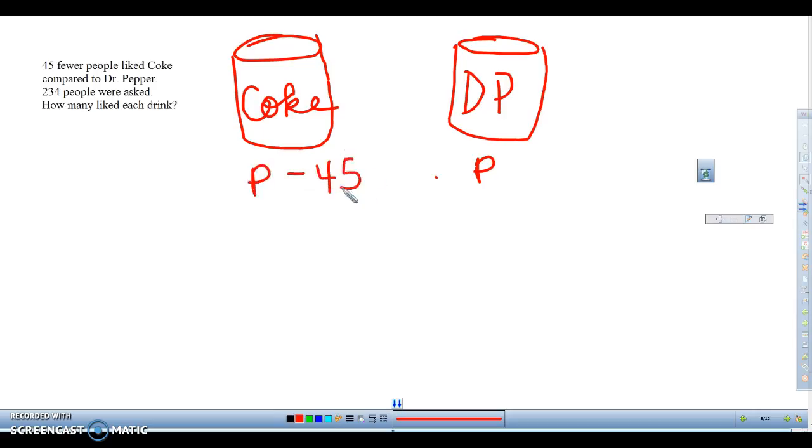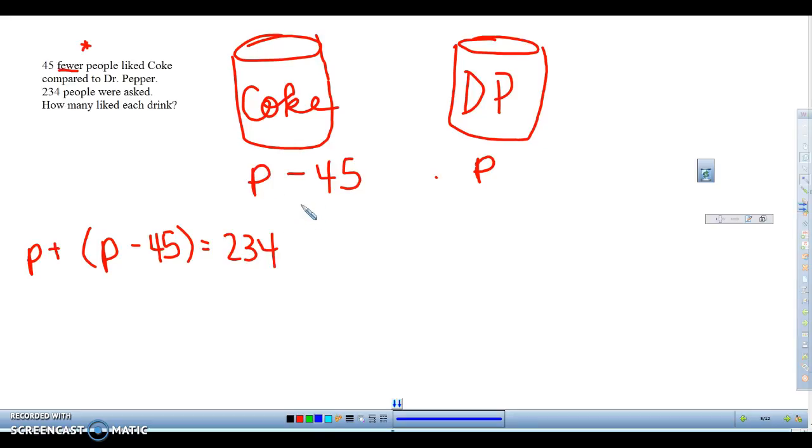Again, fewer is one of those subtraction words that can be a little confusing, so you need to pay attention to how it's being written. And if I add those together, P plus, it's important that we have our parentheses, P minus 45 should be 234.